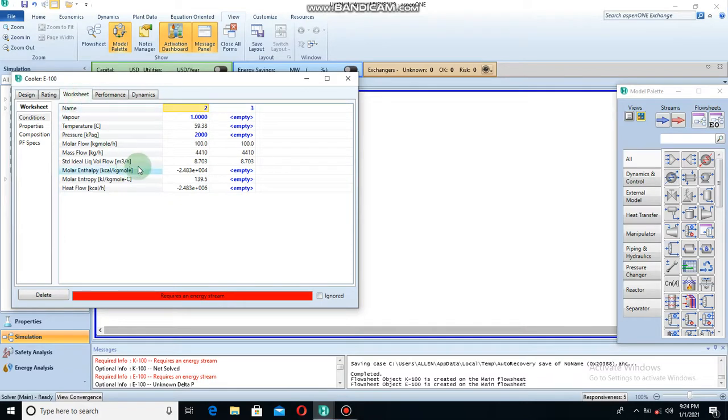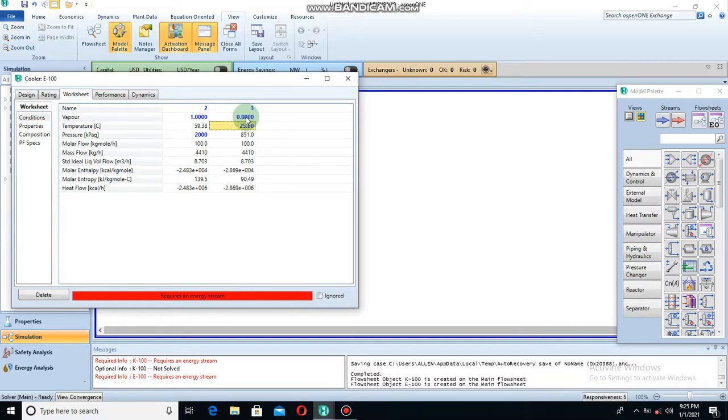We go over to the worksheet and we want propane to exist at 25 degrees, in a liquid phase.